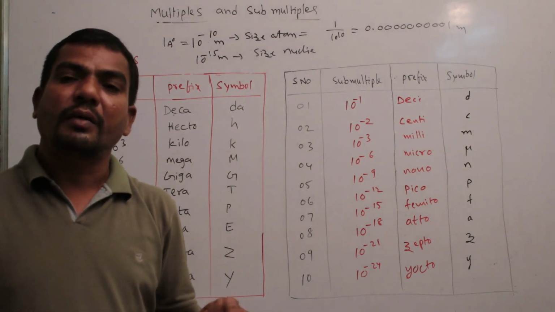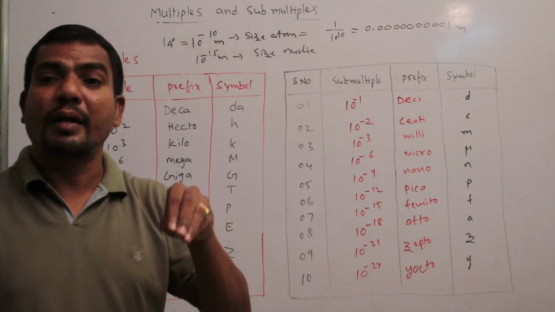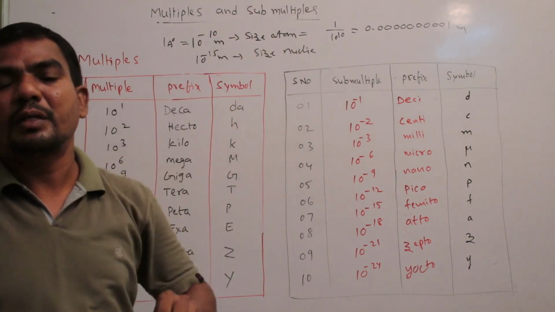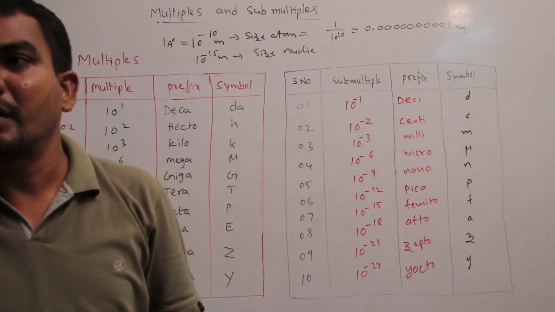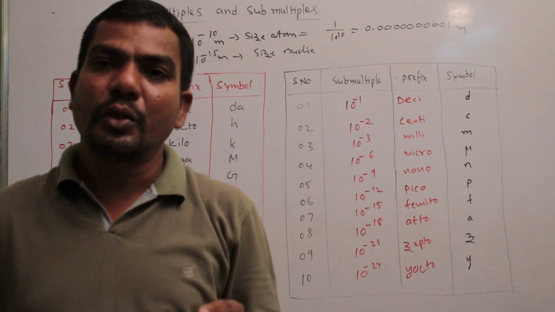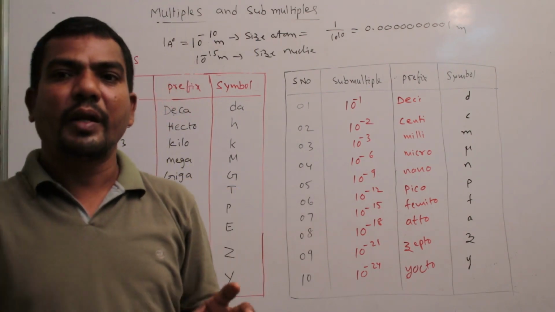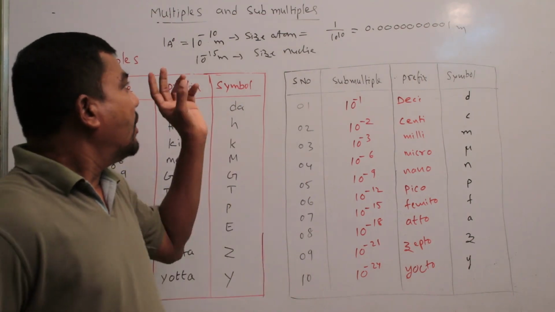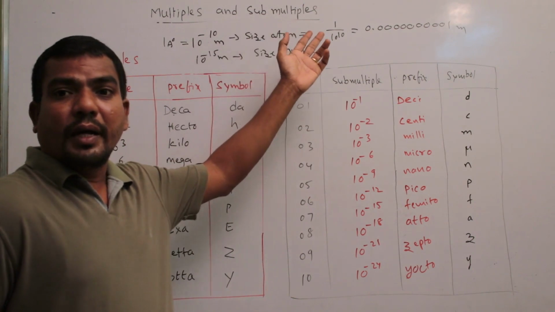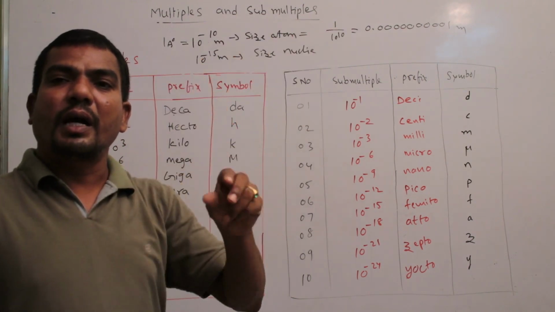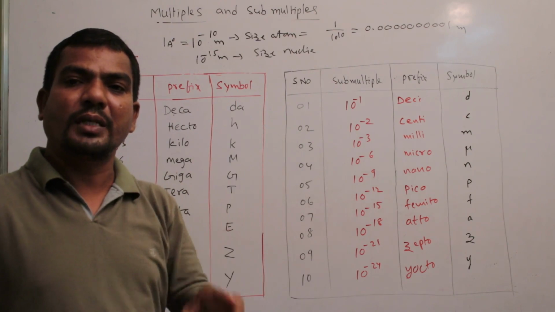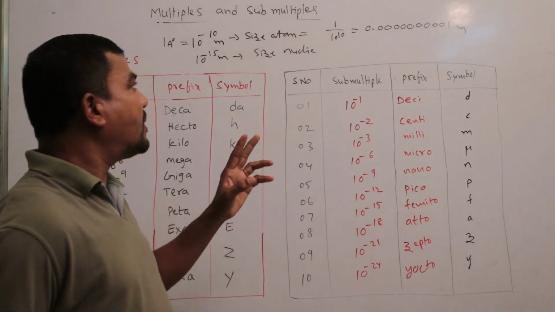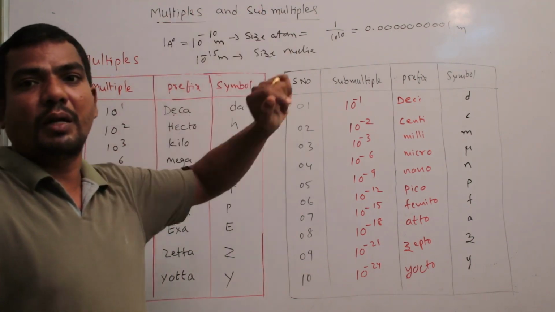Similarly, units which are used to measure very small numbers are called submultiples. Multiples are the units used to measure very large numbers, and submultiples are the units used to measure very small numbers. This is the difference between multiples and submultiples.